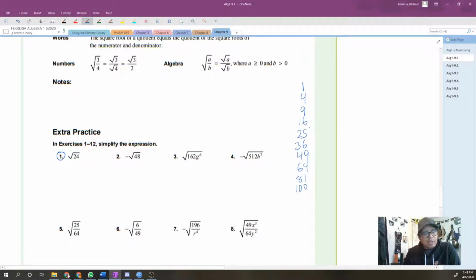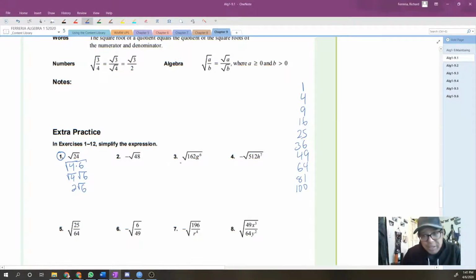Does 16 go into 24 cleanly? No. Does 9 go into 24 cleanly? No. Does 4? Yes. So the square root of 24 is the same thing as the square root of 4 times 6, which is the same thing as the square root of 4 times the square root of 6, which is 2 radical 6. There we go.